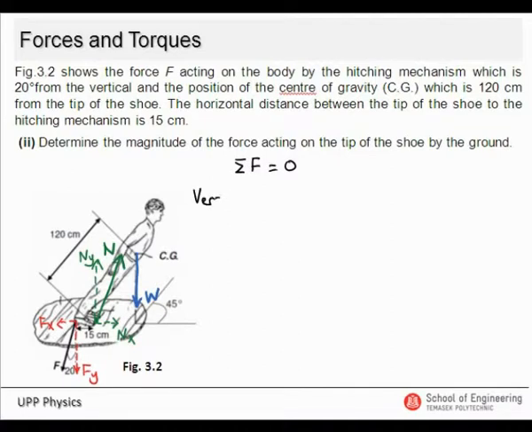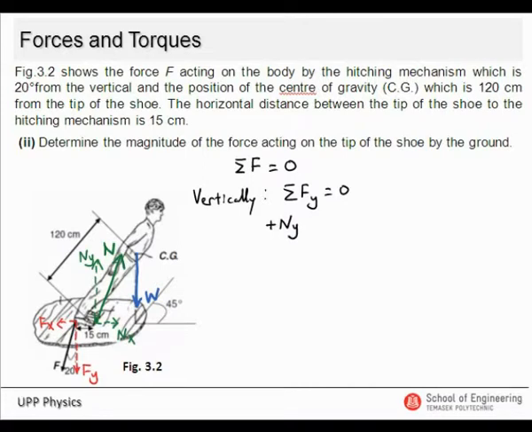Hence, vertically, all the vertical components must add up to be zero. There are three vertical forces in the free body diagram. Now, Ny is in the upward direction, so it is a positive force in the vertical direction.